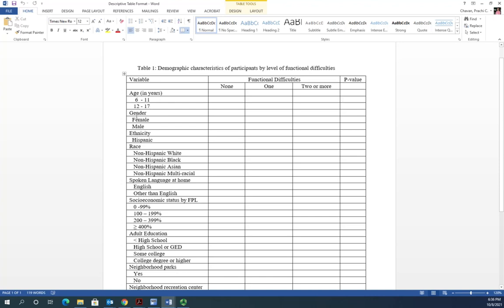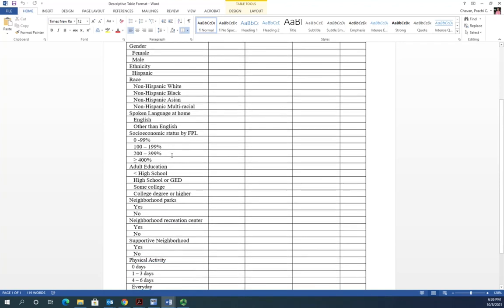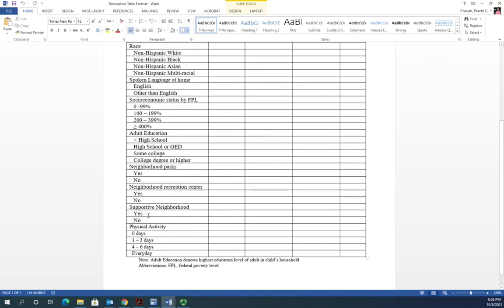And similarly followed by gender, ethnicity, race, language spoken, socioeconomic status, adult education, and the three confounders that I talked about in the previous video. And lastly, the exposure variable itself, which is physical activity.